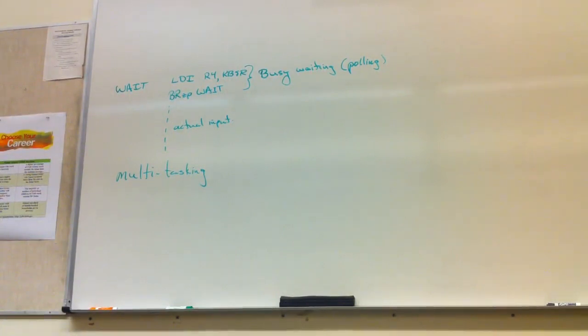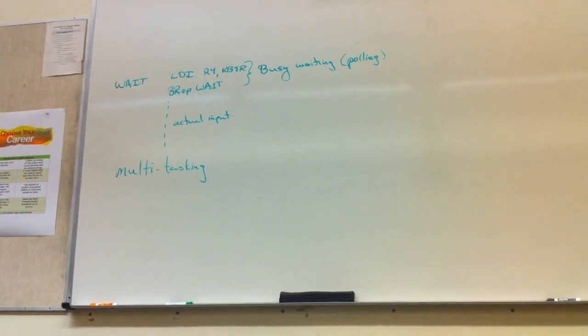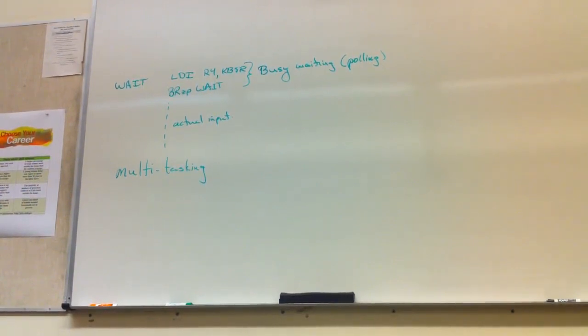One of the easiest ways to visualize the problem with busy waiting is to think in terms of the time-shared system, which we don't see around that much anymore with the advent of the personal computer and things like that. But I'll show you in a few minutes how it applies here too.